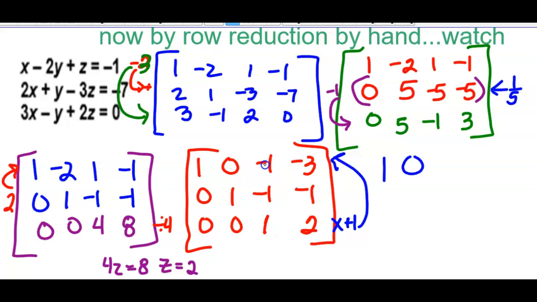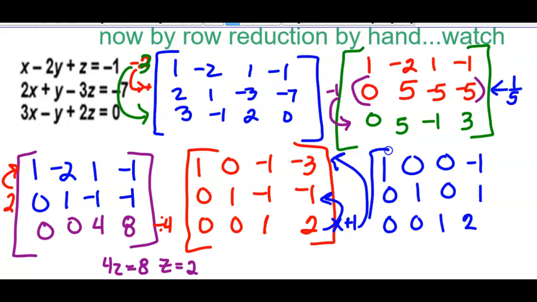So 1 and negative 1 is 0, and 2 and negative 3 is negative 1. And then I'm going to add this one to this guy. So 0 plus 0 is 0, 0 plus 1 is 1, 1 and negative 1 is 0, 2 and negative 1 is 1, and I'm going to leave the last one.